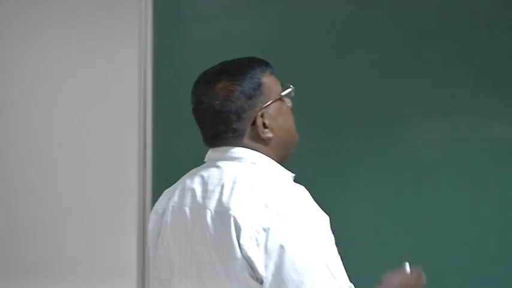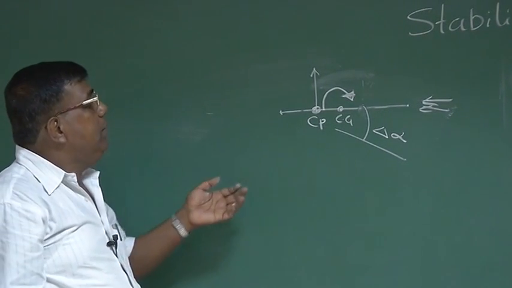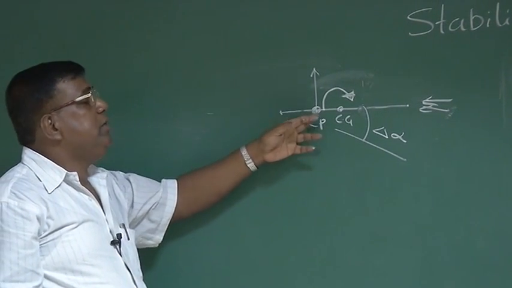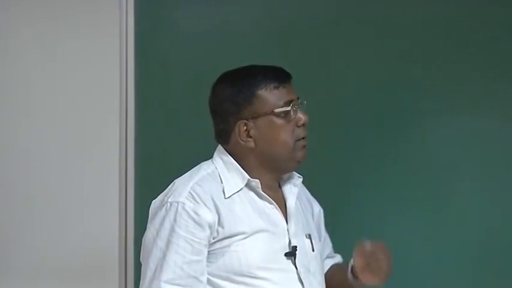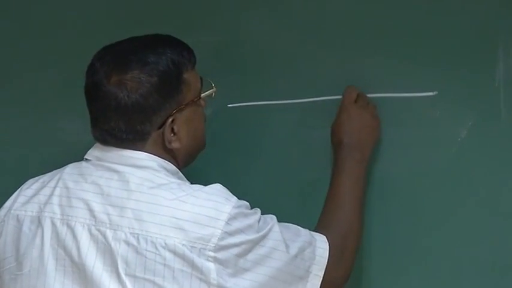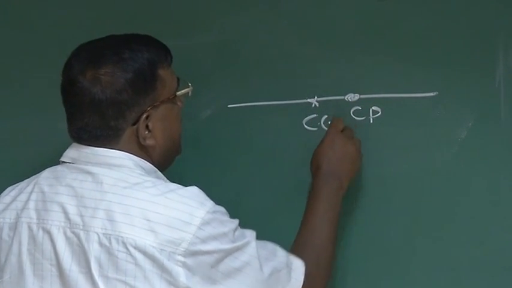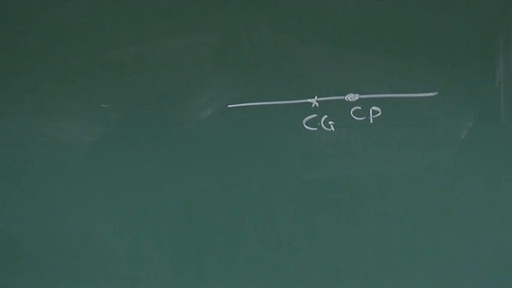So in a nutshell, if I want to make an aircraft, or this plate in particular, since we are talking about the plate here, to be stable, I must ensure the center of pressure is behind the center of gravity. But the question is, suppose it so happens that the center of pressure is ahead and the center of gravity is behind, and you have no options left to change the center of gravity.